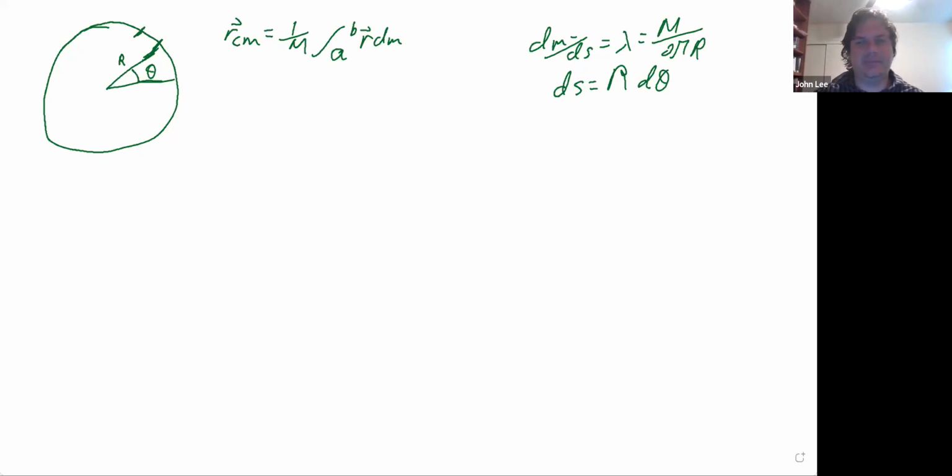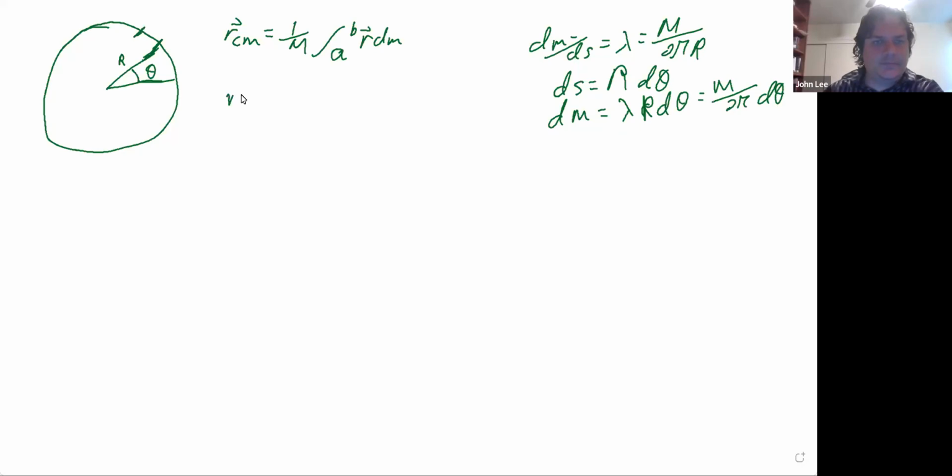So dm, what happened to my screen? is going to be equal to lambda r d theta, which is equal to m divided by 2 pi d theta.